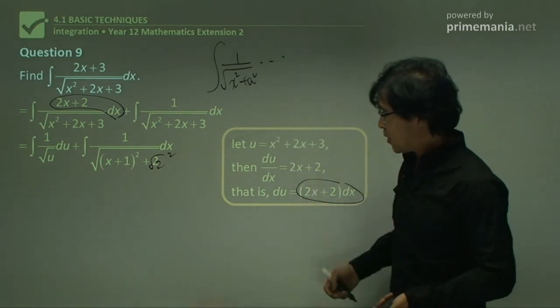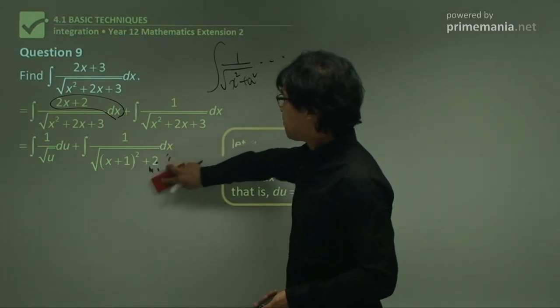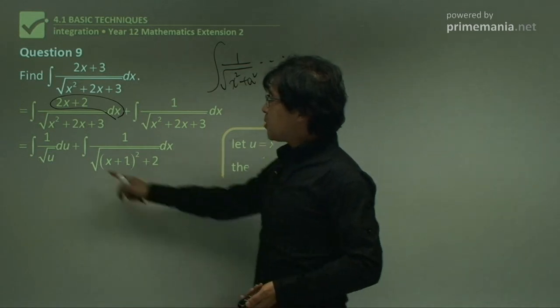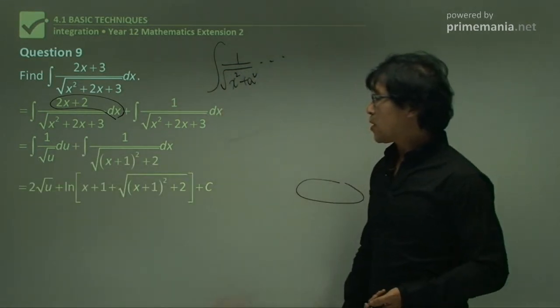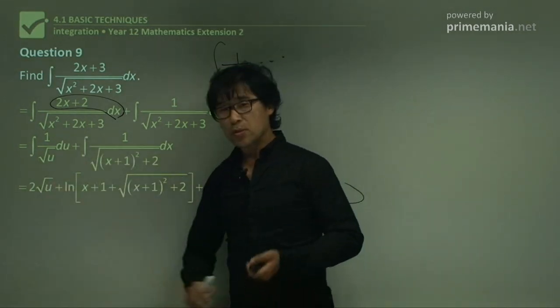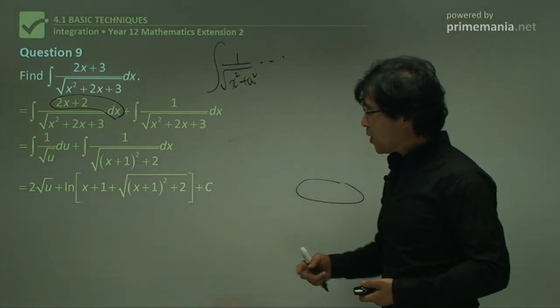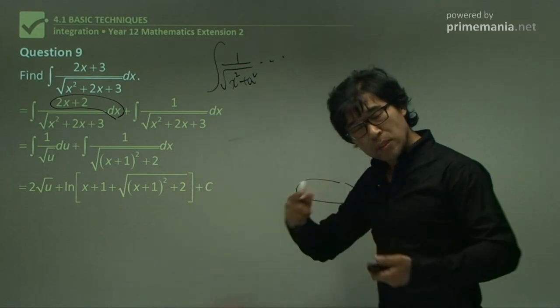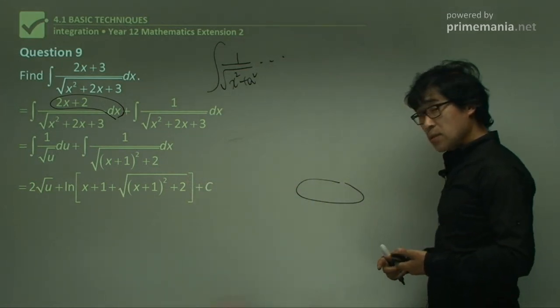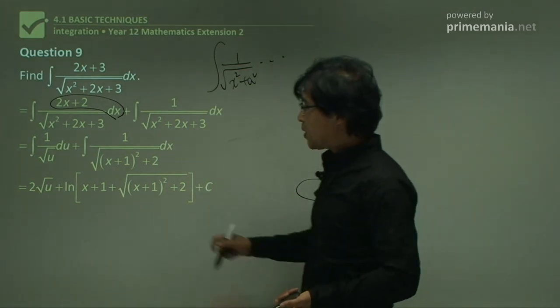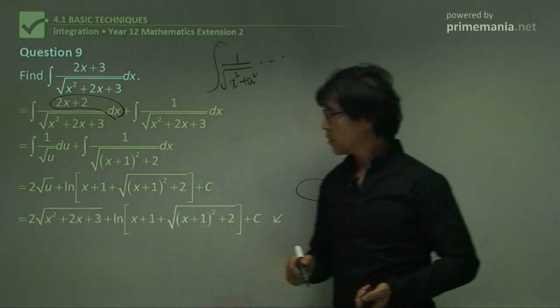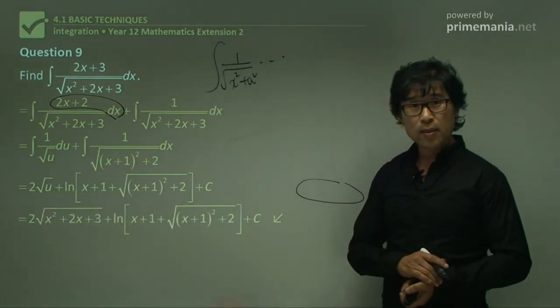Does it make sense? So this one is integrated like this. I don't want to show you so much detail, we have repeatedly shown the working. And this one is this one, simply following the formula in the standard integral table. Your last step is put u back. That's the final answer.